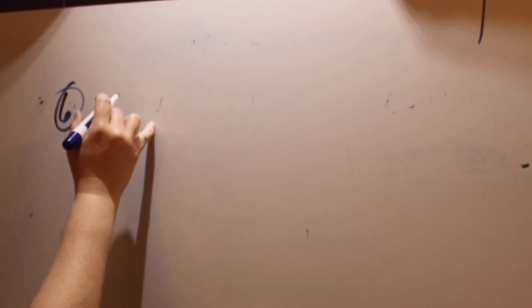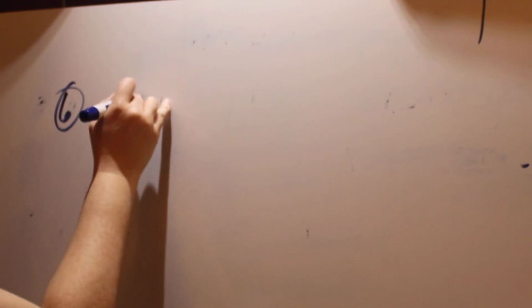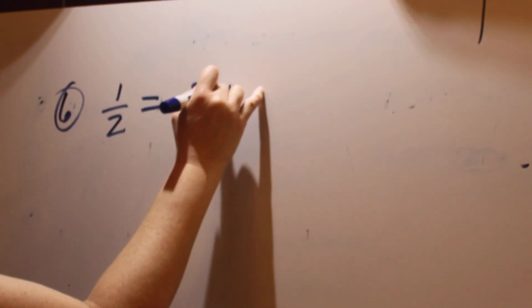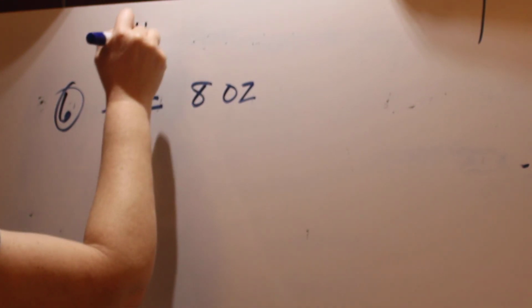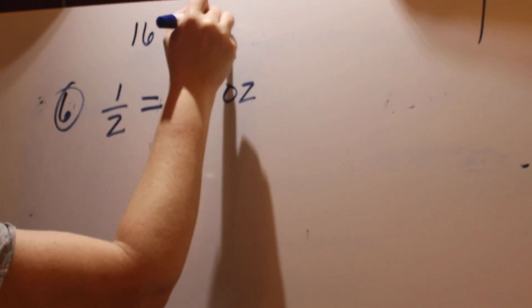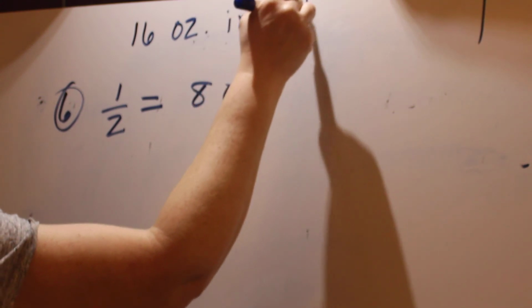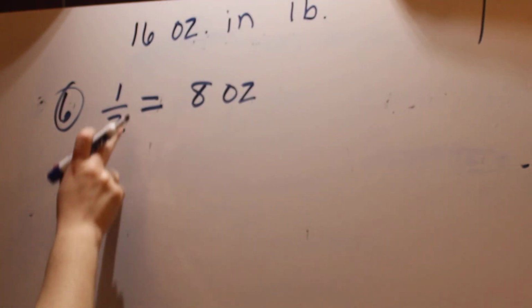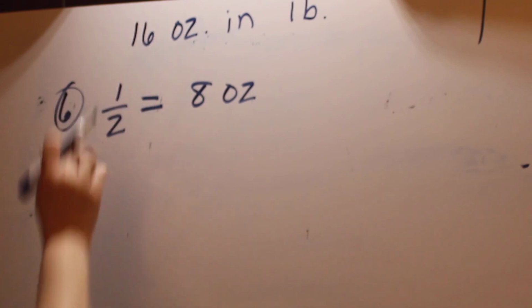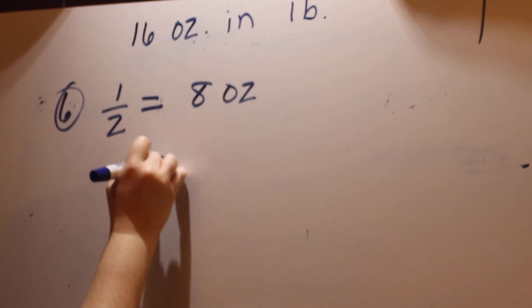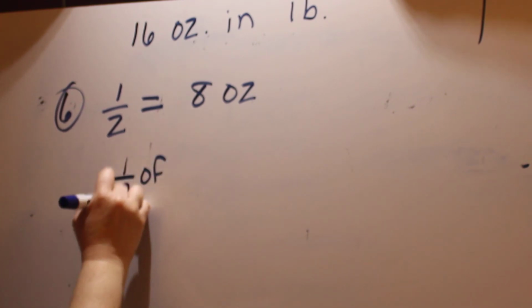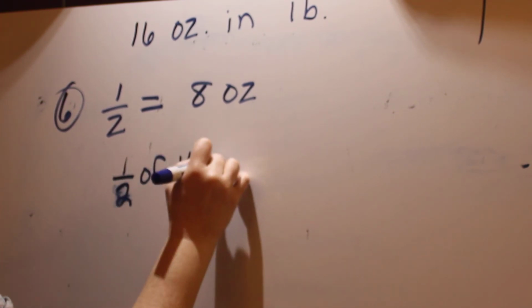Number 6, 1/2 pound equals how many ounces. I can't remember which one they gave you. Half a pound. You have to remember there are 16 ounces in 1 pound. So you would take 1/2 of 16 ounces.